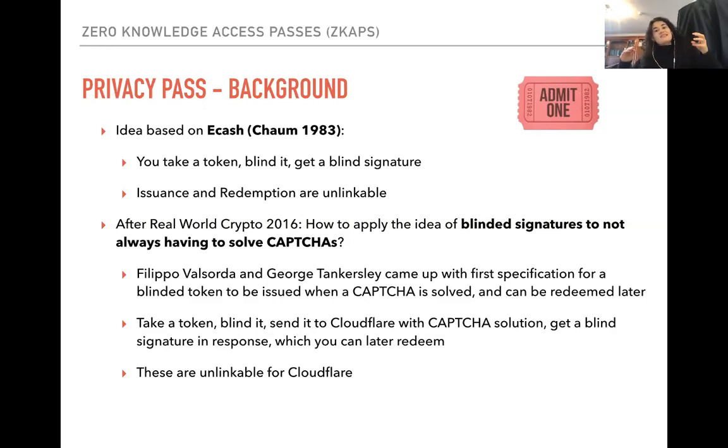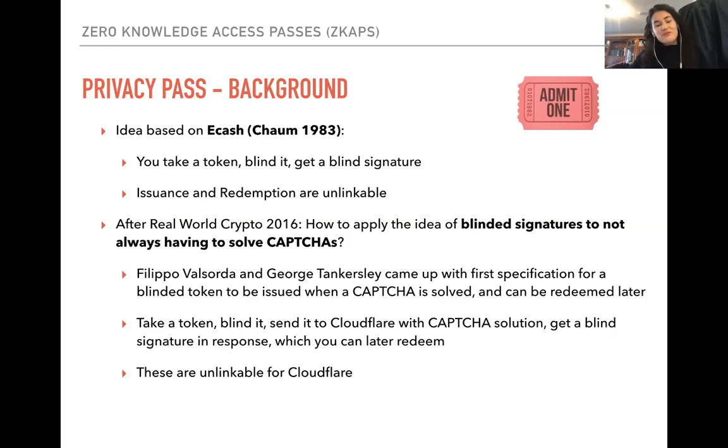So in the end, the issuance and the redemption are not linkable because you have this blind signature and you can later pass it on. So as you see, it's 1983. I'm not sure how much you know, but I think fast crypto was not there yet.